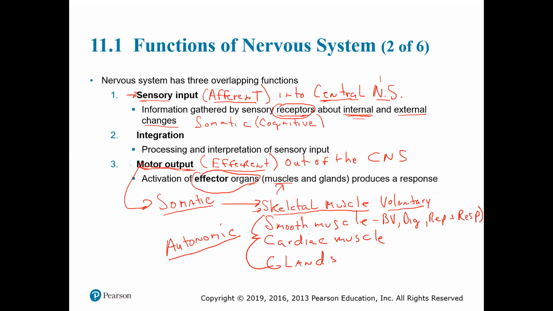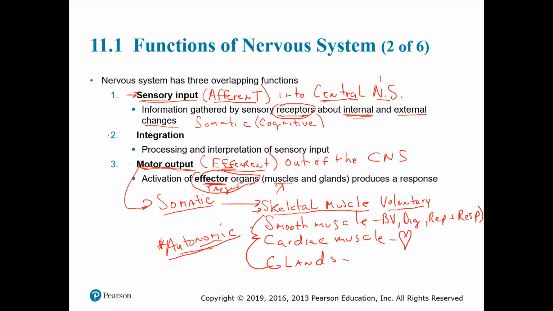So smooth muscle is affected autonomically, involuntary, of course. Autonomics, like automatic, involuntary. Cardiac muscle is strictly the heart, right? And glands, like the adrenal gland, sweat glands, and other glands are affected more by the autonomic nervous system, involuntary, automatic. So many times, especially somatic, and remember efferent, if you want to remember motor output, remember it's going to an effector organ, and that's a target organ too.